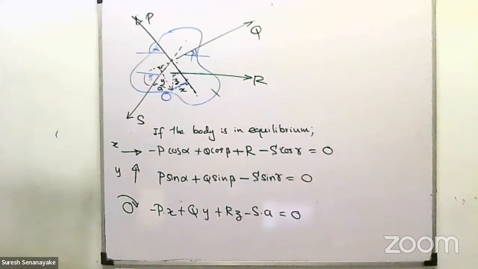The algebraic sum of the clockwise moments equals the algebraic sum of the anti-clockwise moments.